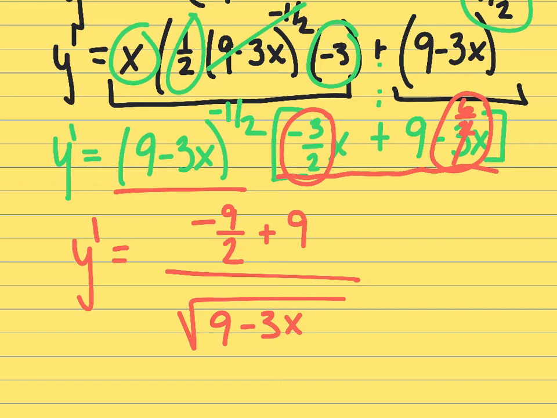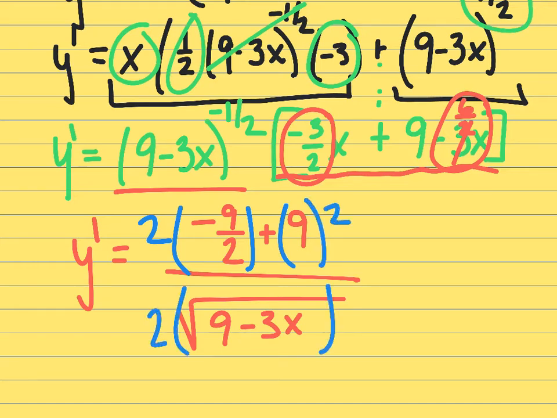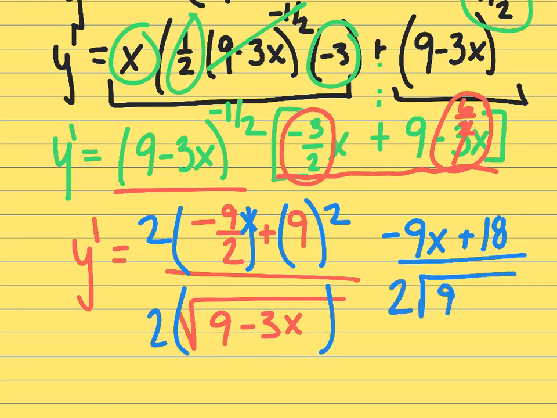I can't leave a complex fraction, so to eliminate this, I can just multiply every term by 2, and this quantity by 2. So that's going to leave me with negative 9. Oh shucks, I lost my x. Sorry about that. Negative 9x plus 18 all over 2 root 9 minus 3x.